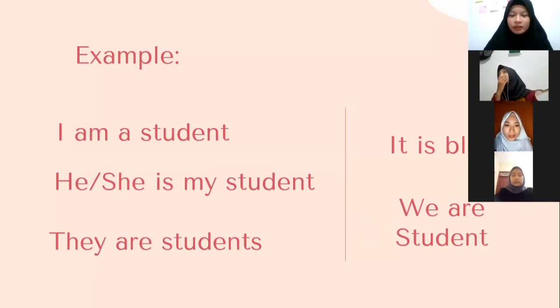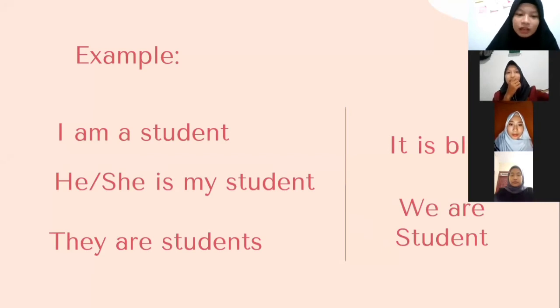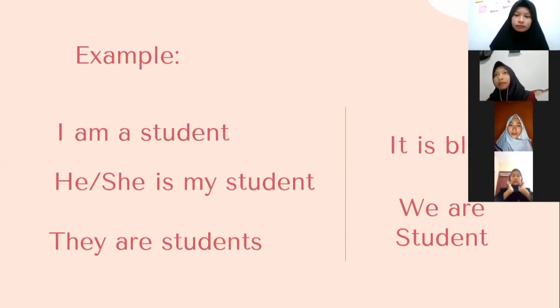Rosa, your microphone. Okay. Mau nanya tadi kan to be nggak boleh ketemu verb dalam satu kalimat. Tadi kok contoh punya Faza benar? Gimana ya Miss itu? Okay, thank you Rosa for the question. It's a really good question. Okay, jadi kita boleh menggunakan be dan verb dalam satu kalimat jika bentuk kalimatnya adalah present continuous.